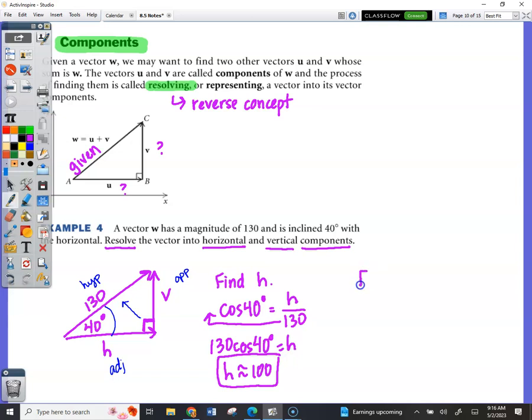All right, now we're going to find V. What trig function will I use for V? Look at your labels. You got opposite, and then you need hypotenuse. Sine, angle measure, equals fraction bar, opposite over hypotenuse. Cross multiply it to the front.